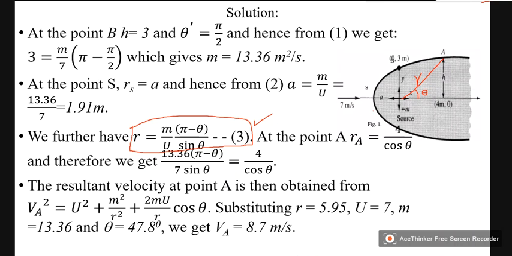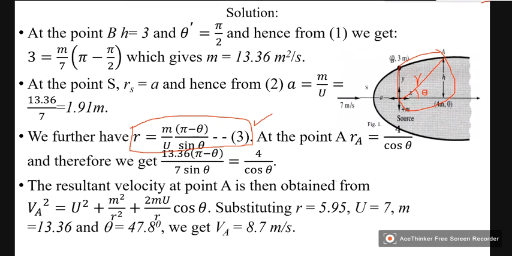Okay. So now look at this particular triangle. So in this triangle, this is unknown H, this is R, this is theta.